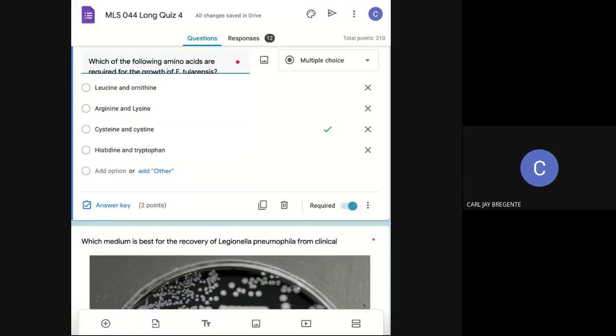Cysteine blood agar is the medium of choice for Francisella tularensis. If cysteine blood agar is not available, chocolate agar will do, but you add cysteine as supplement to that culture medium, because chocolate agar contains X factor, and X factor alone cannot suffice for the growth of Francisella tularensis. Francisella tularensis, by the way, is the causative agent of tularemia.